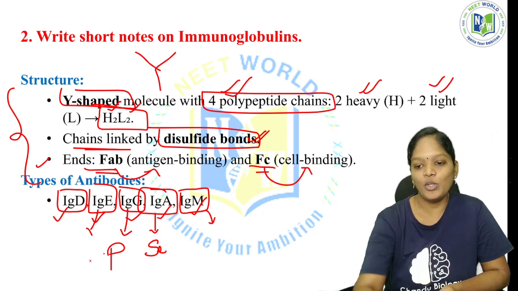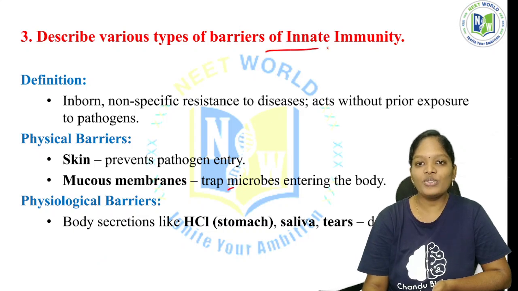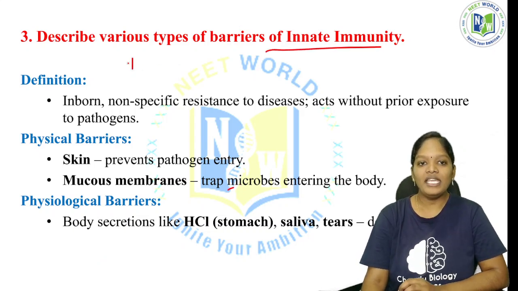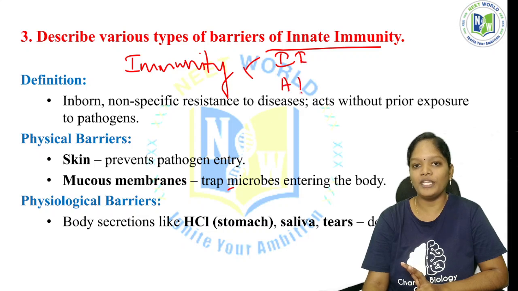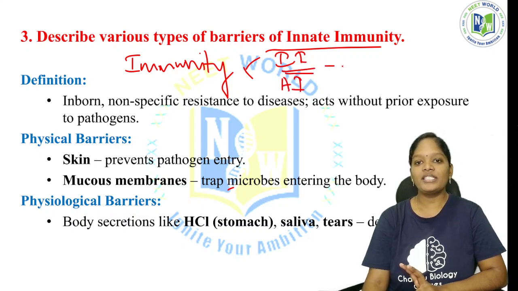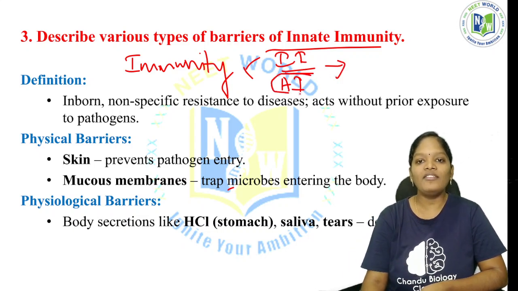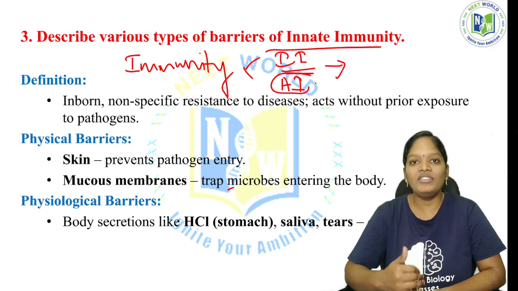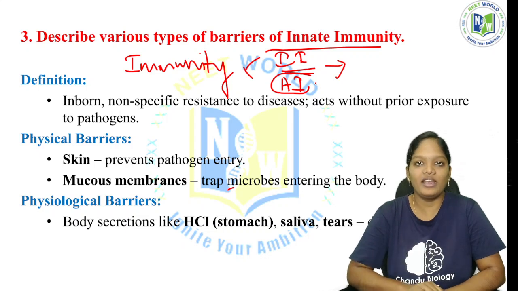Now coming to the third question: describe the various types of barriers of innate immunity. Basically, our immunity can be classified into 2 types: innate immunity and adaptive immunity.